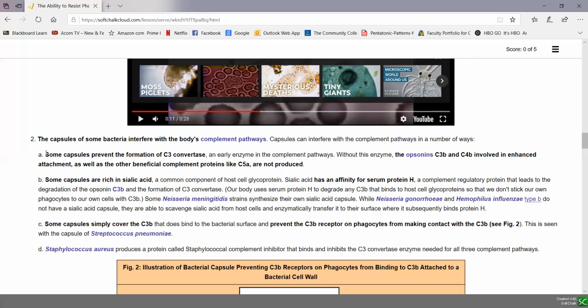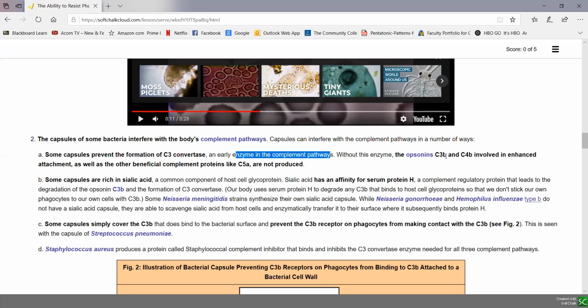There are some capsules, Staphylococcus aureus down under part D is one of these, that inhibit the formation of C3 convertase. Now, this is an enzyme in the complement pathway that breaks C3, which is inactive, into active C3b and C3a.